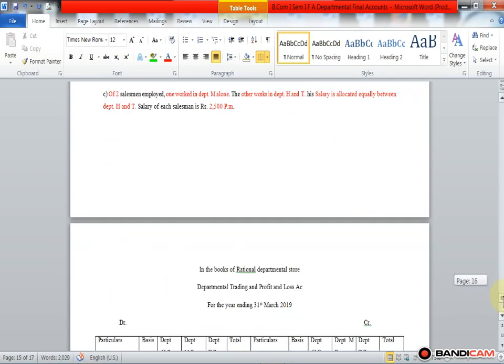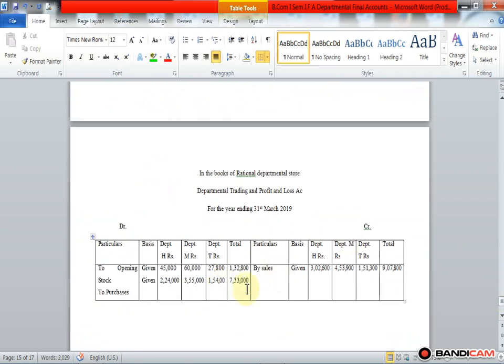So closing stock is given, so no need to calculate the ratio and distribute the stock between Departments H, M, T.